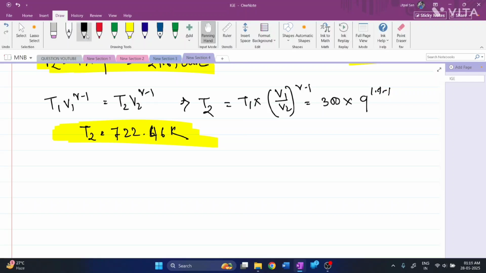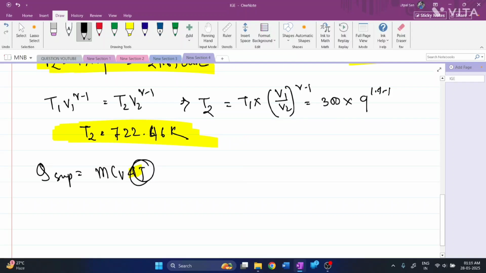So from the conventional relation, we have heat supplied at constant volume equal to m Cv delta T. As we have to find out for the variable specific heat, as it is indicated in the question itself, the specific heat is varying with temperature.